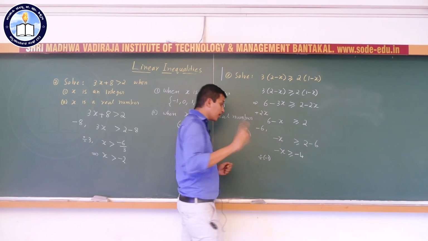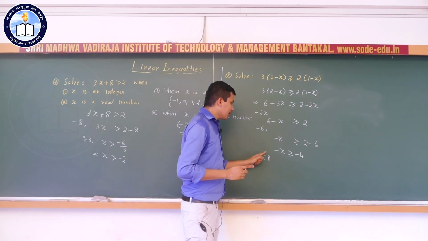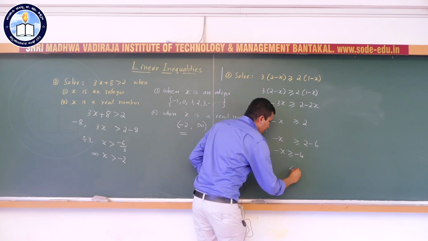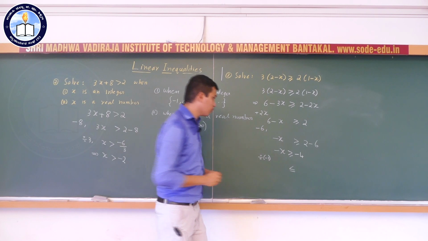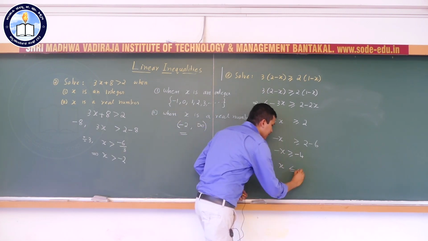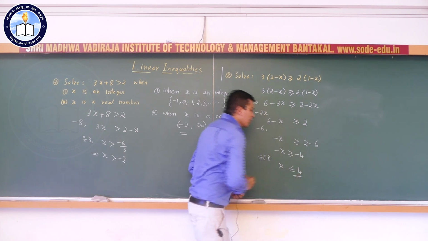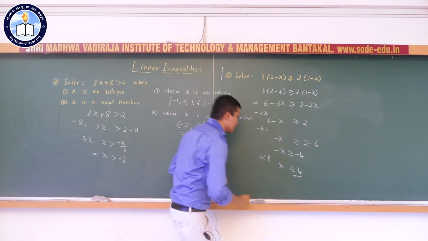If you divide or multiply here, you should be careful. The inequality reverses when you divide or multiply by a negative quantity. So it comes as x, while dividing by minus 1, the right side comes as 4. But nothing is mentioned, so real numbers. How can I write that solution set here?